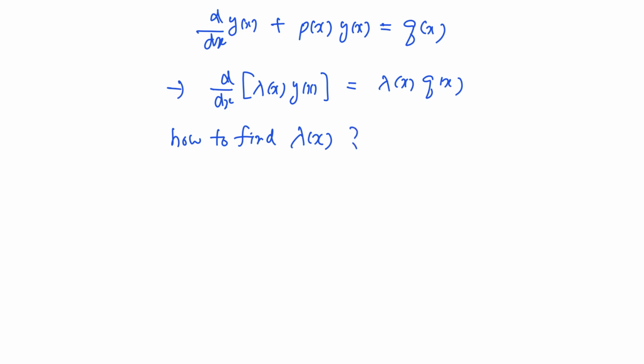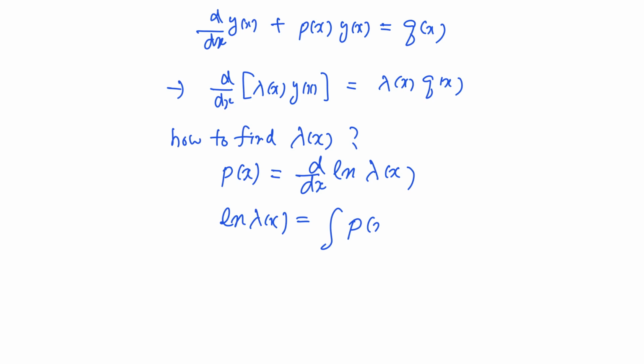It's simple. p(x) is d/dx ln lambda(x), or lambda(x) is the exponential of the integral of p(x).